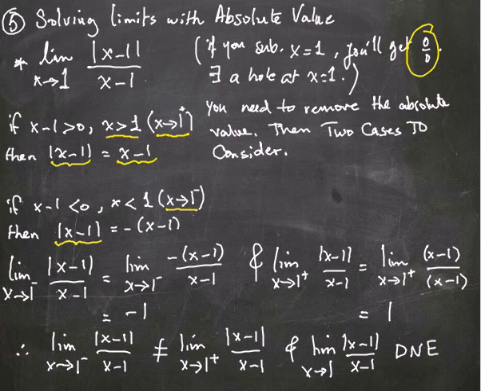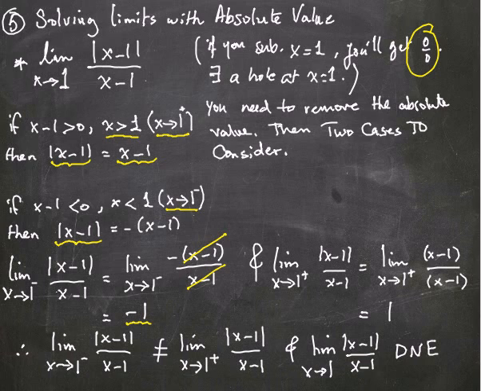Now, the limit of this expression as x goes to 1 minus: instead of the absolute value of x minus 1, we replace it with negative times x minus 1. Here we can cancel out, and the outcome is negative 1.